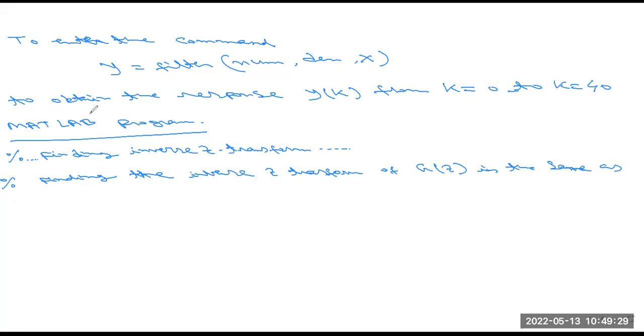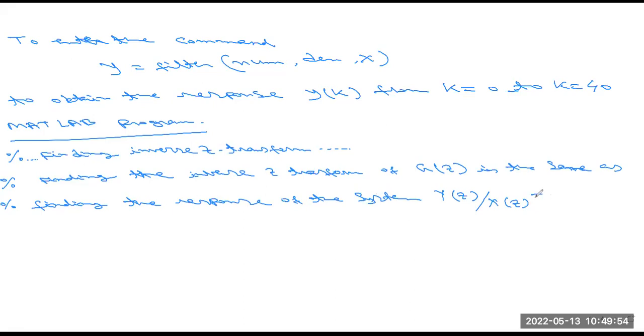Okay, so next line is finding the response of the system. You know the function, that is Yz divided by Xz.